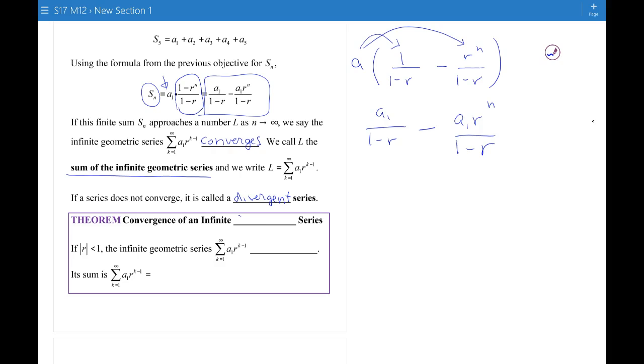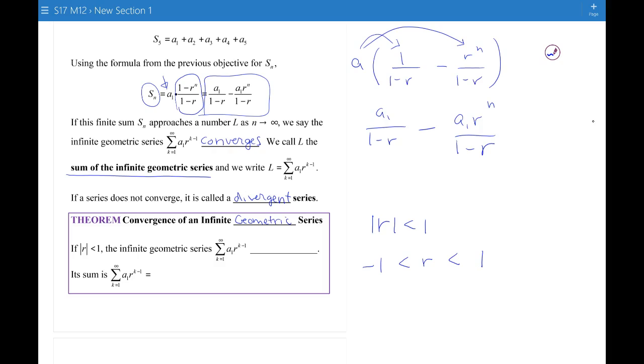Convergence of an infinite geometric series only happens if the absolute value of your r is less than 1. Remember, we learned earlier that that is the same thing as saying that r has to be between -1 and 1. Remember solving absolute value inequalities? This is another place where they are useful.